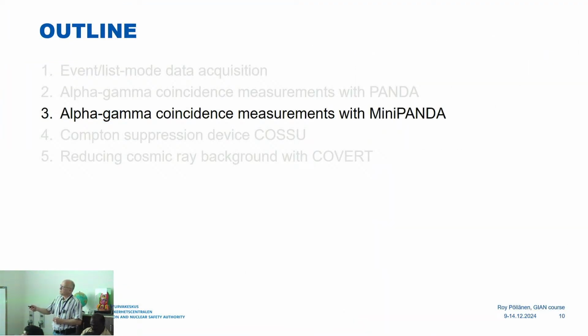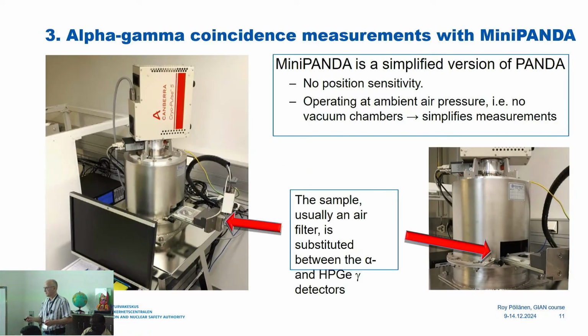Because this PANDA system was very complicated, because it is able to locate radioactive particles in the sample, I suggested to my colleagues that we could do it in a much simpler way, and we can. Let's look at mini PANDA in this case. The mini PANDA system is basically very easy.